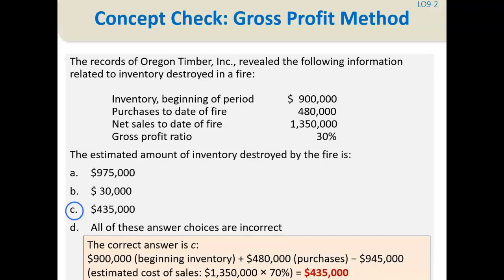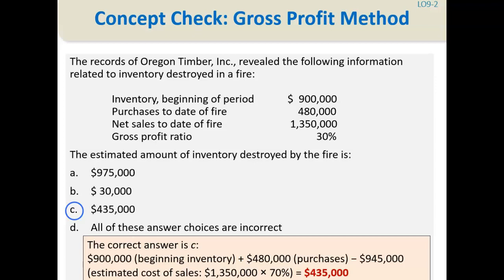The answer is $435,000. Beginning inventory of $900,000 plus purchases of $480,000 equals goods available for sale of $1,380,000, less estimated cost of goods sold of $945,000. And I got that $945,000 by taking net sales of $1,350,000 times 70% ratio for cost of goods sold.